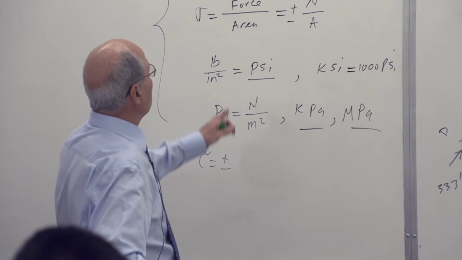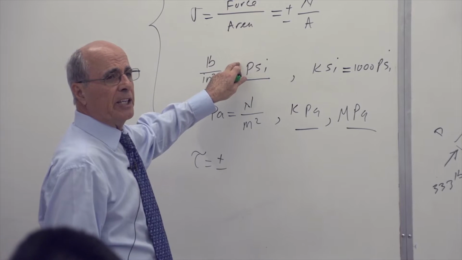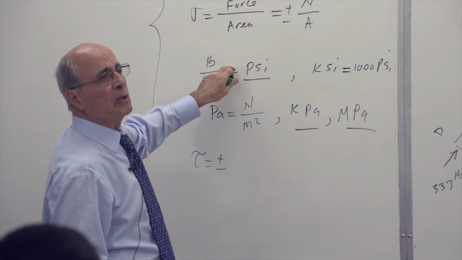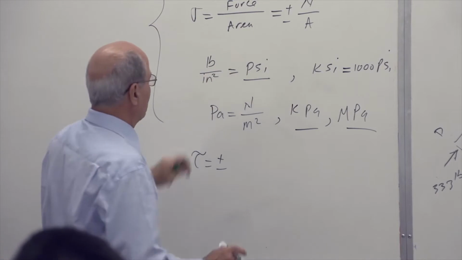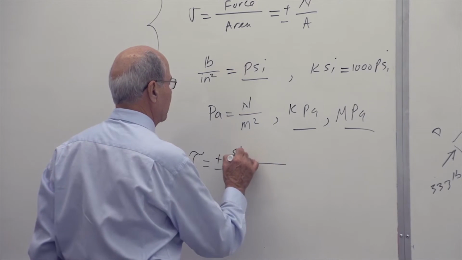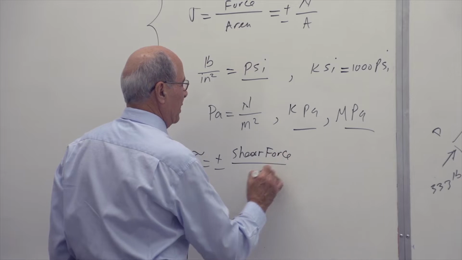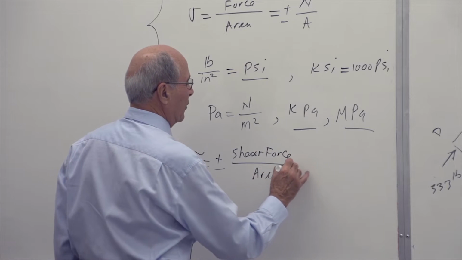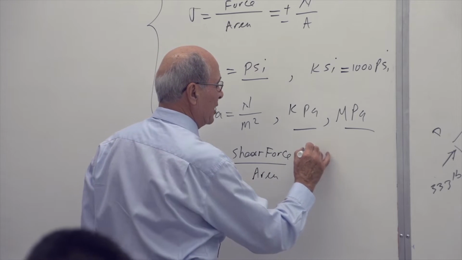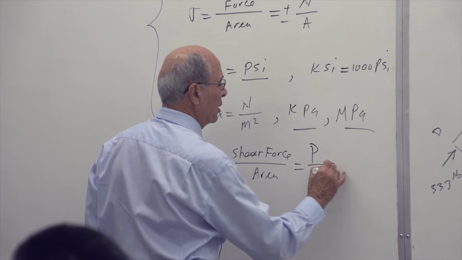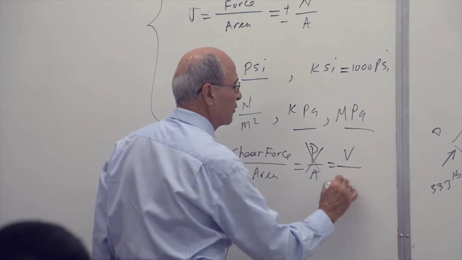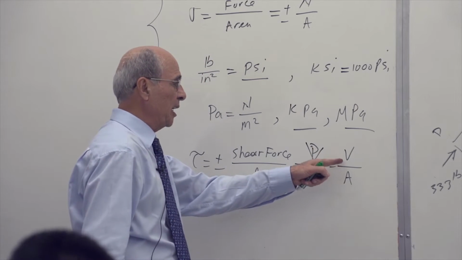However, tau also becomes force over area, but not normal force. I'm talking about shear force. Therefore, it is equal to the shear force over the area. And of course, the way it is presented in the book, they say P over A, but I would rather write it as shear force over A because this is internal.